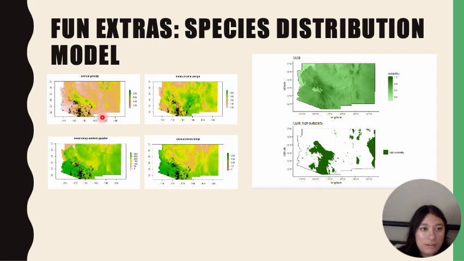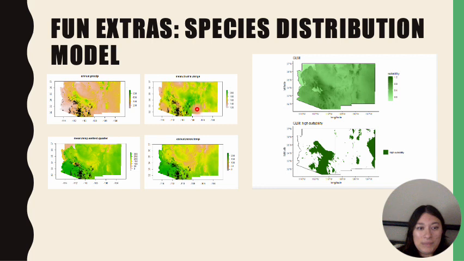For annual precipitation, they were occurring in areas of extremely low precipitation, which is expected. For the wettest quarter, they're occurring in higher temperatures, which is when they would be out of their burrows and enjoying their time there. That is also consistent with predictions. For annual mean temperature, they do prefer the higher temperature of the desert, which is also consistent.